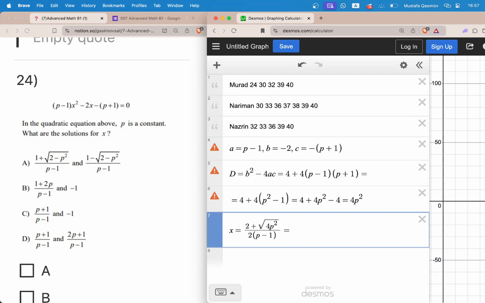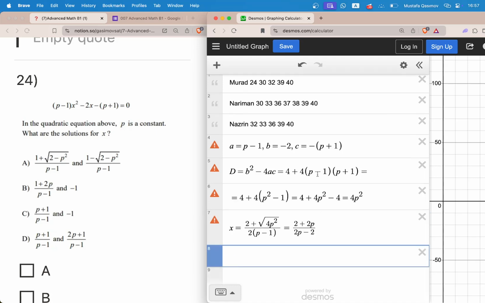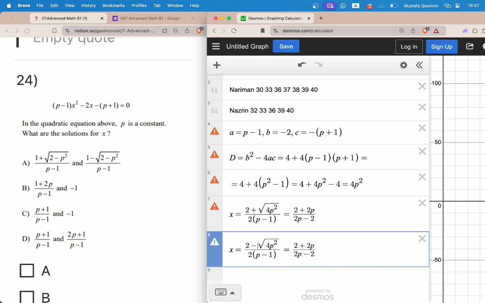Okay, here we can write it like this: 2 plus 2p over 2p minus 2, and we can write it like that with the minus sign: 2 minus 2p, and again the same, so it is equal to negative 1. It is equal to 1 plus p over p minus 1.